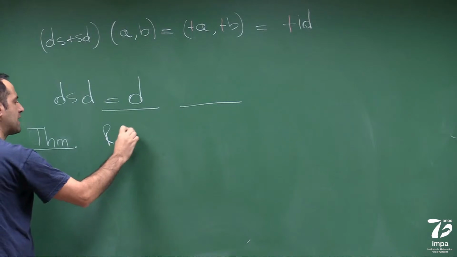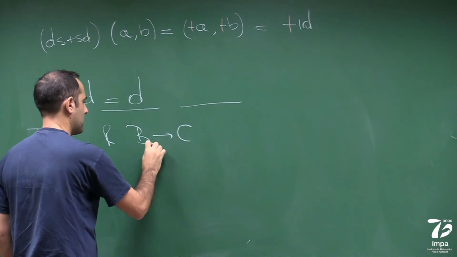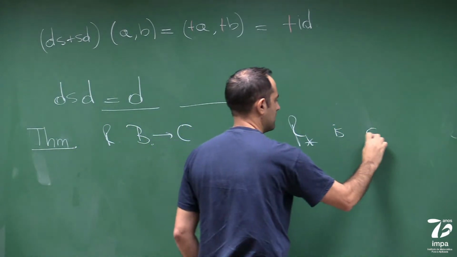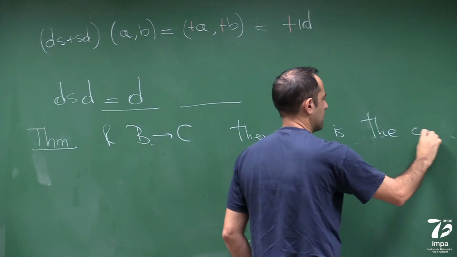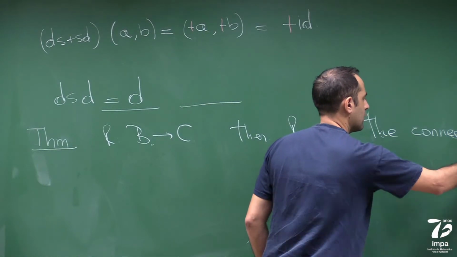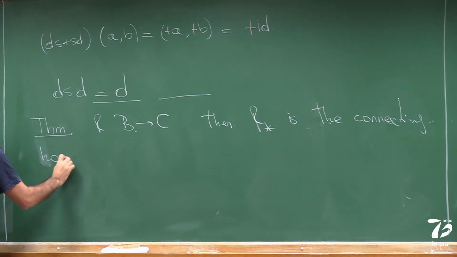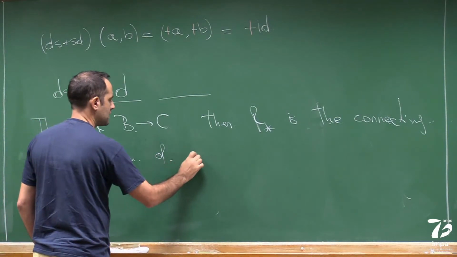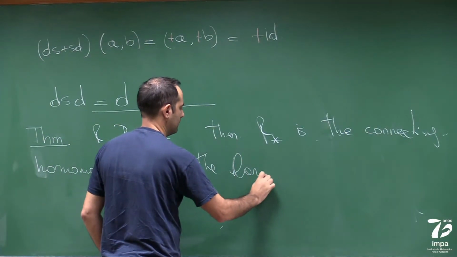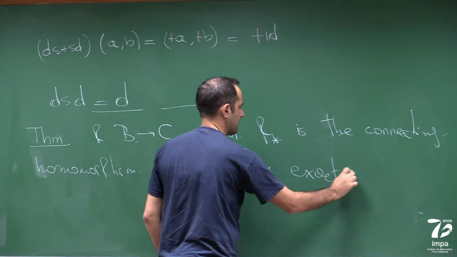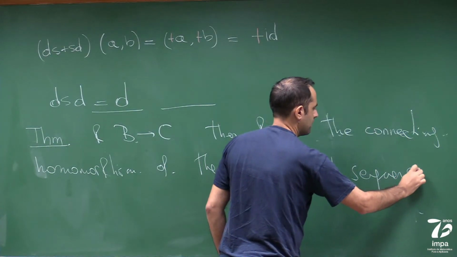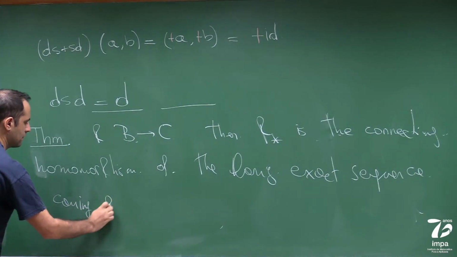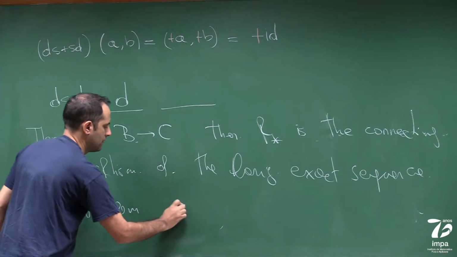If I have f, a map of complexes, then f star is the connecting homomorphism of the long exact sequence coming from this.